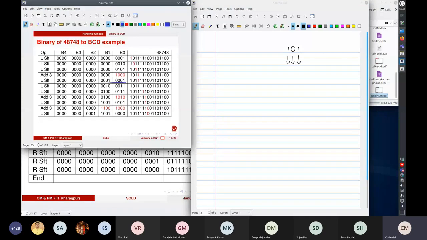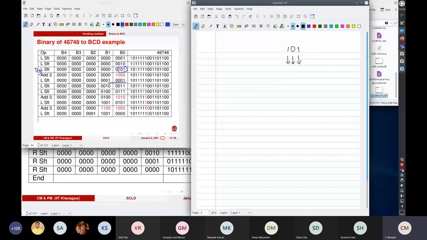What you found is that you check this value, this is D3. If you find any value greater than 5, so what is 5? 5 is the pattern 101.